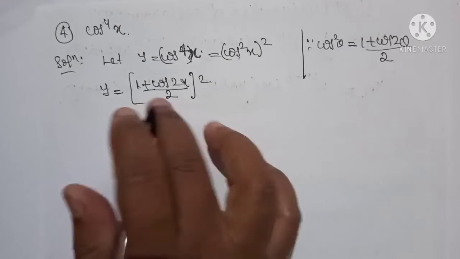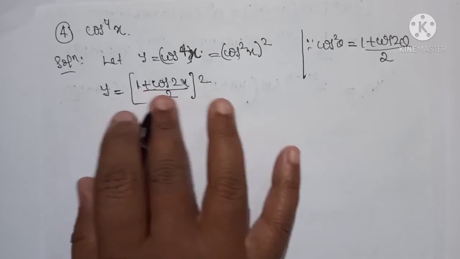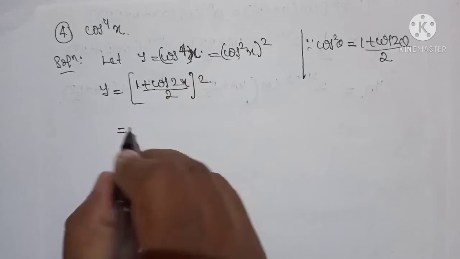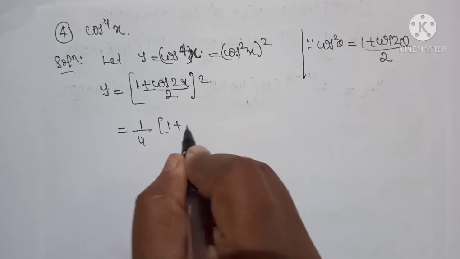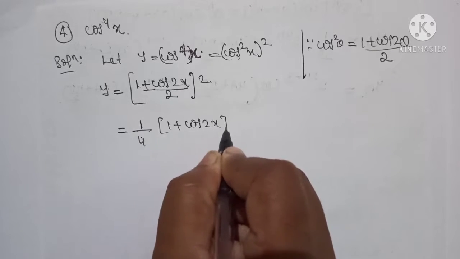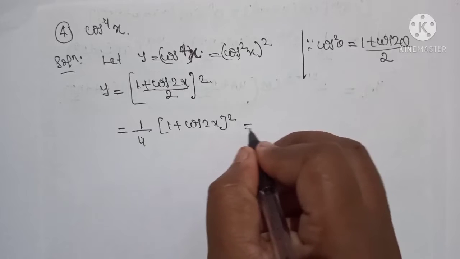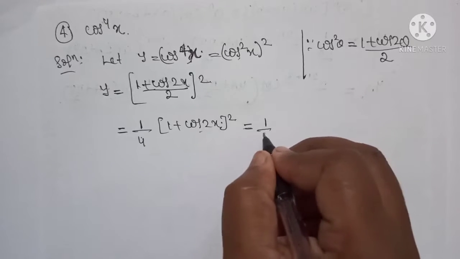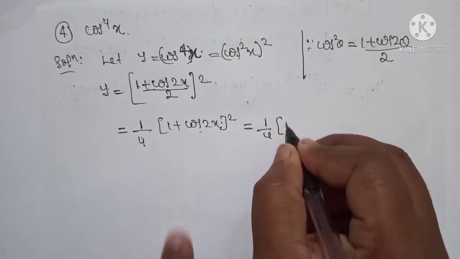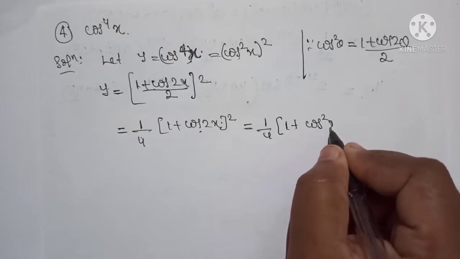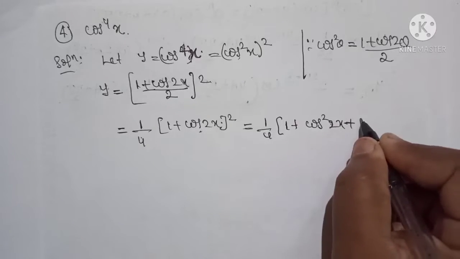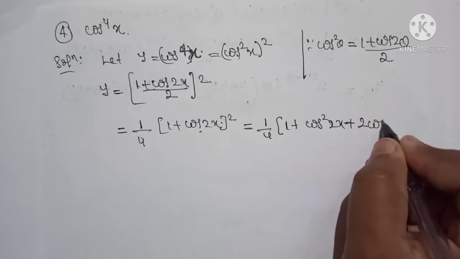Now we take 1 by 4 outside, that is 2 squared, so 4 outside. We get 1 plus cos 2x whole power 2. Applying the a plus b whole square formula, we get 1 by 4 times a square, that is 1, b square, that is cos square 2x, plus 2ab, that is 2 cos 2x.